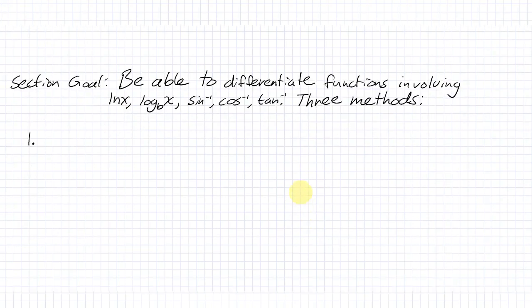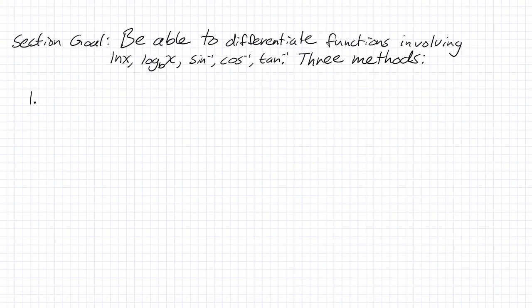The basic idea, the thing that you need to be able to do from this section, is be able to differentiate functions involving natural log or log base b, or log whatever base you have, or sine inverse, cosine inverse, or tangent inverse. And there's 3 basic methods for this.